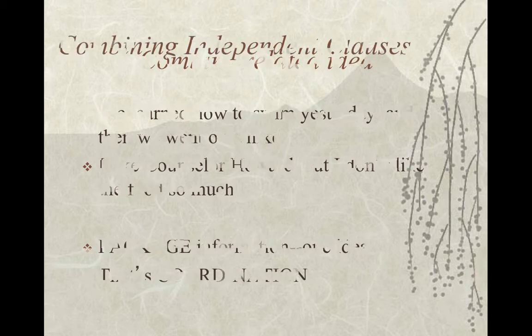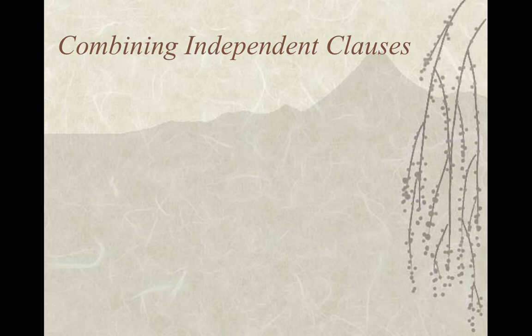Here's how that works. We are combining independent clauses. So a clause is any group of words with a subject and a verb. If that clause can be a sentence all by itself, it's independent. If it cannot be a sentence by itself, it is dependent and needs an independent clause.